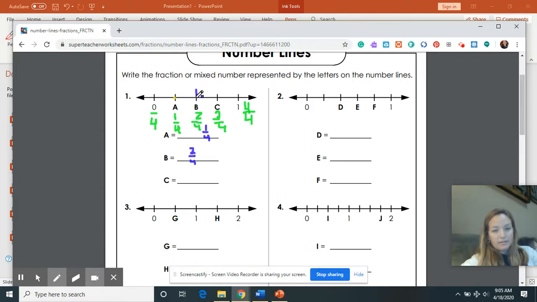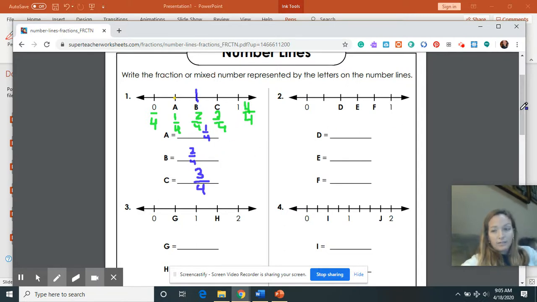We know that that's half. And C would be 3/4. Okay, so that's what we would show for one whole on a number line.